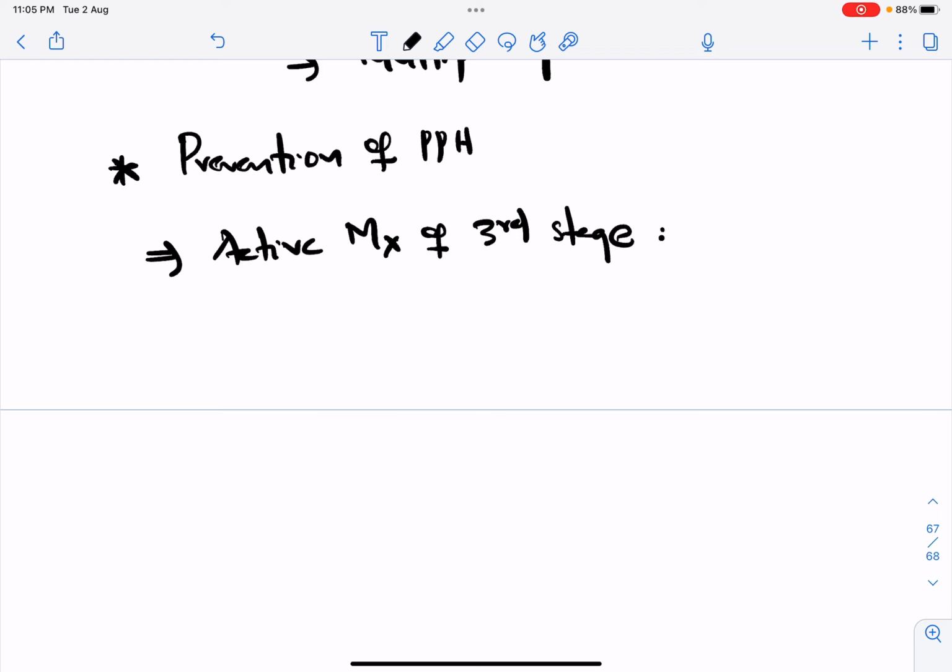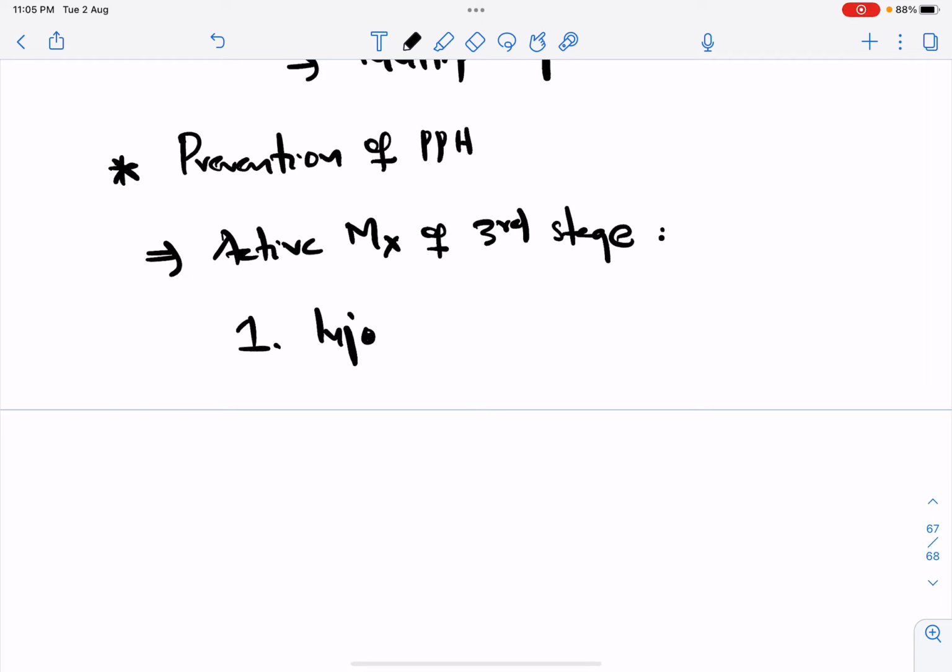The first component is injection oxytocin 10 international units, either IM or IV, within 1 minute of delivery.